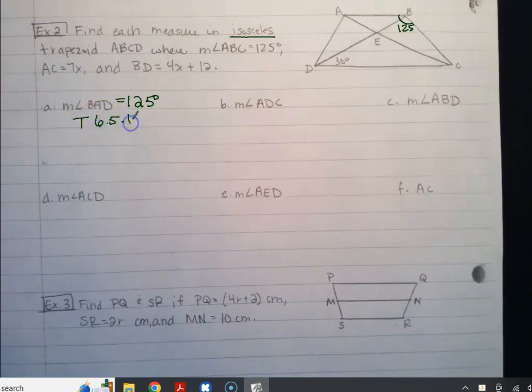Yes, base angles of an isosceles trapezoid are congruent. Some of them don't have a name. The diagonals don't bisect the angles? No, we don't have a theorem that says that.